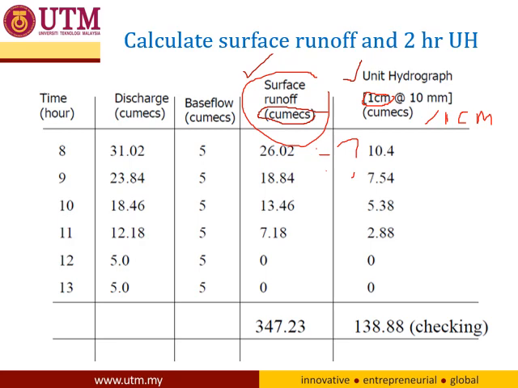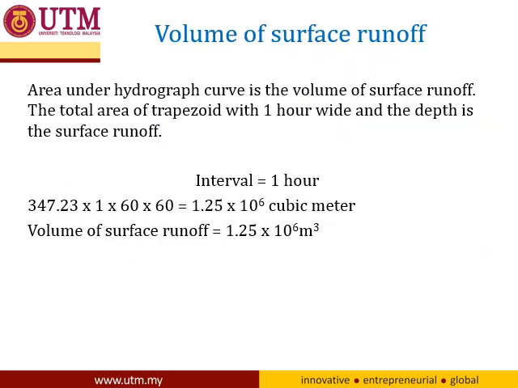So we should divide by the total runoff in centimeters, because we want the unit hydrograph to be Qmax over 1 centimeter. So we need to divide all the surface runoff by the total runoff. How do we calculate that total runoff? Here, we know that the area under the hydrograph curve.